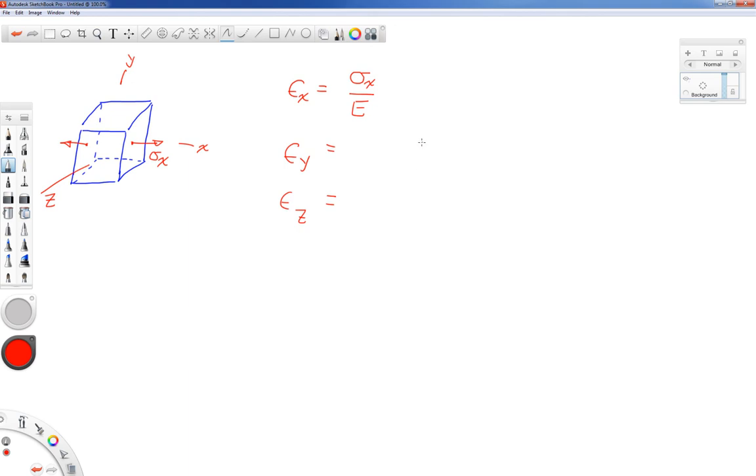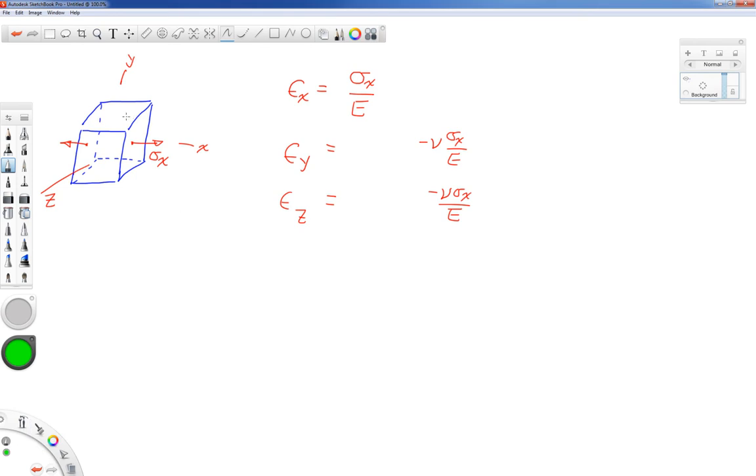It's going to be minus nu times the axial strain, or in this case the x strain, with the x strain given by sigma x over E. That happens both in the y and the z direction, a negative sign indicating contraction.